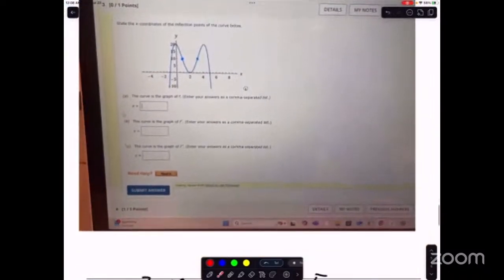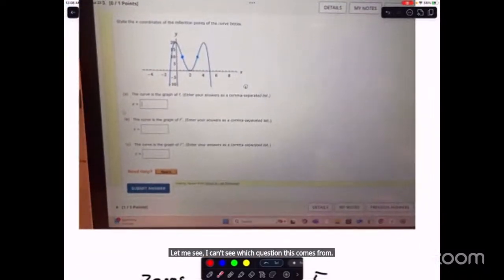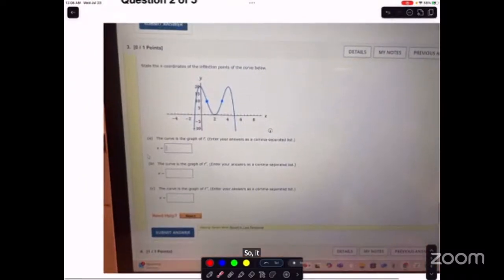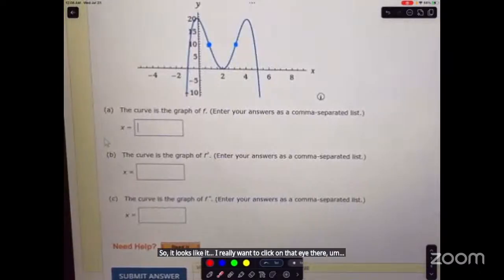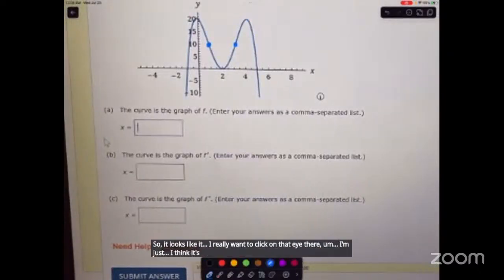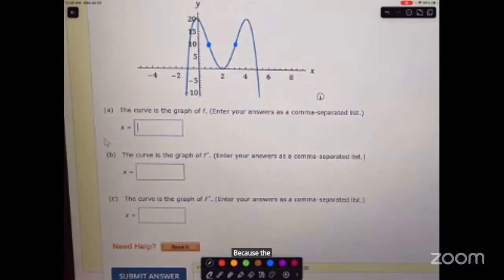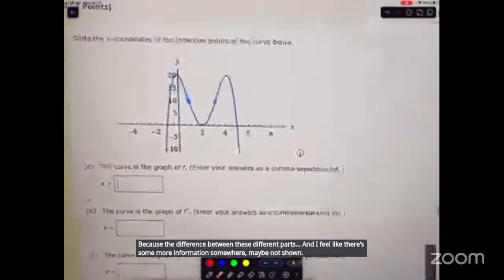Let me see. I can't see which question this comes from. I really want to click on that I there. I think it's just A, because of the difference between these different parts, and I feel like there's some more information somewhere, maybe not shown.